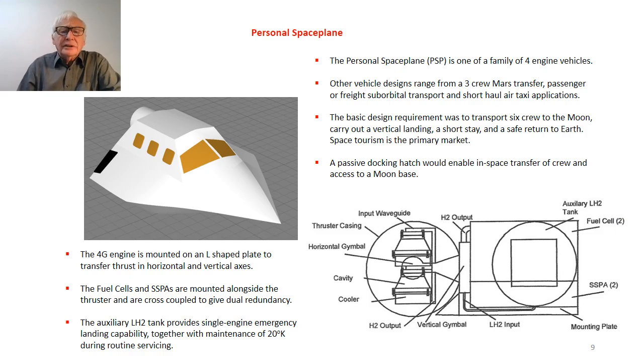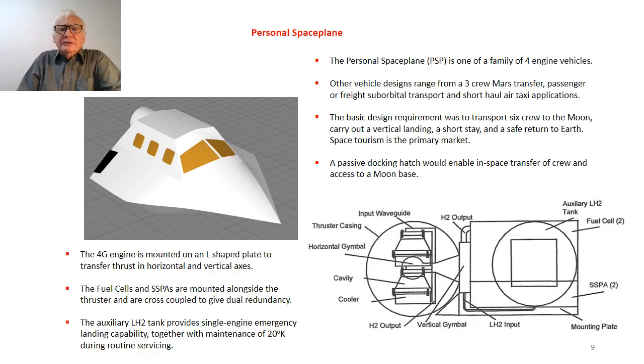So now we'll look at a completely different vehicle, a manned vehicle, which we've termed a personal spaceplane. And this itself is one of a family of these 4-engine vehicles, each of which uses 4 of what's now become the standard fourth generation engine that we're talking about.